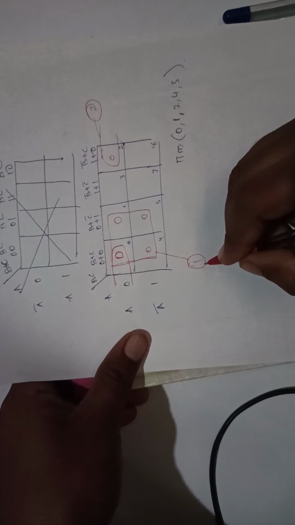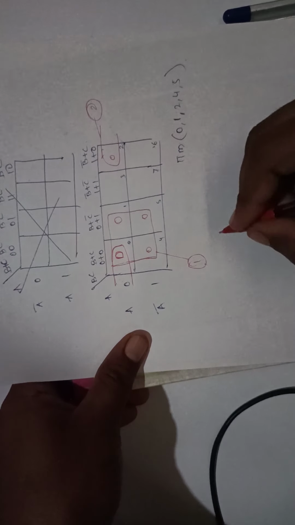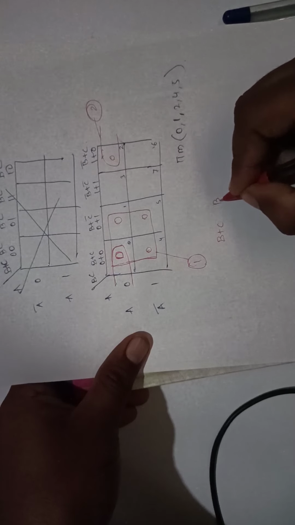Now you write the equation. For the first one, horizontally the terms get cancelled. Vertically comes B plus C and B plus C bar.